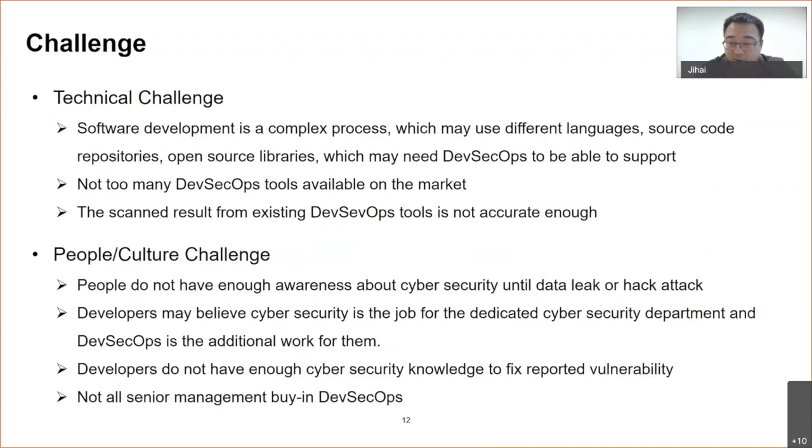And for the products on the market, there are still some weaknesses in these tools, which I'm going to talk about later. But the biggest challenge for DevSecOps, in my opinion, comes from the people. Similar to DevOps, it's mainly about mindset.